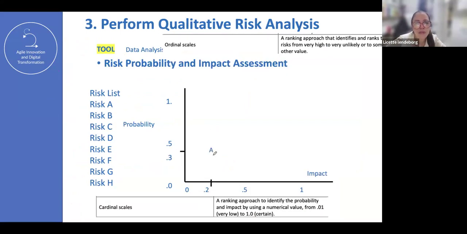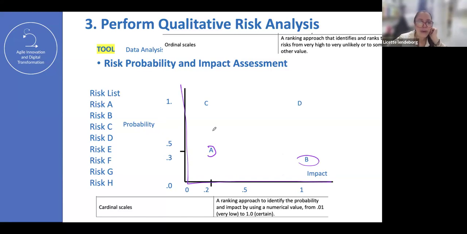So one by one, they're going to say, okay, for A, the impact is very low. For B, the impact is high. For A, the impact is low and the probability is low. So you organize based on the values that the team provides. It's not you, it's the team.